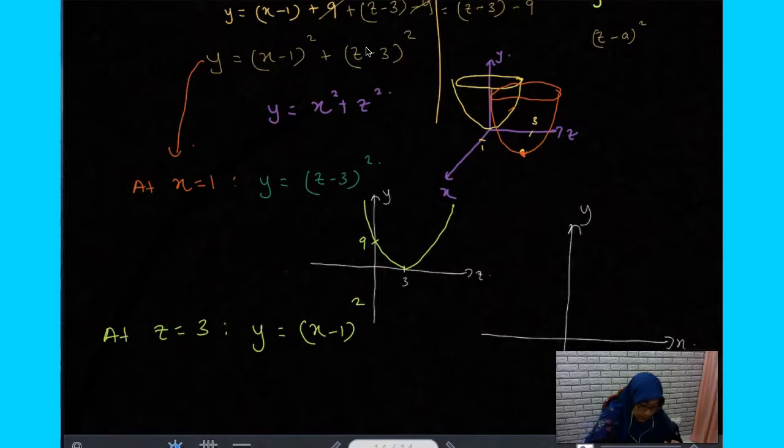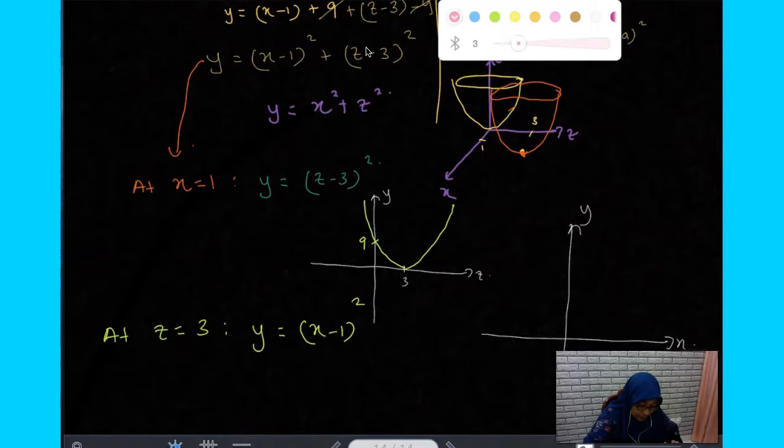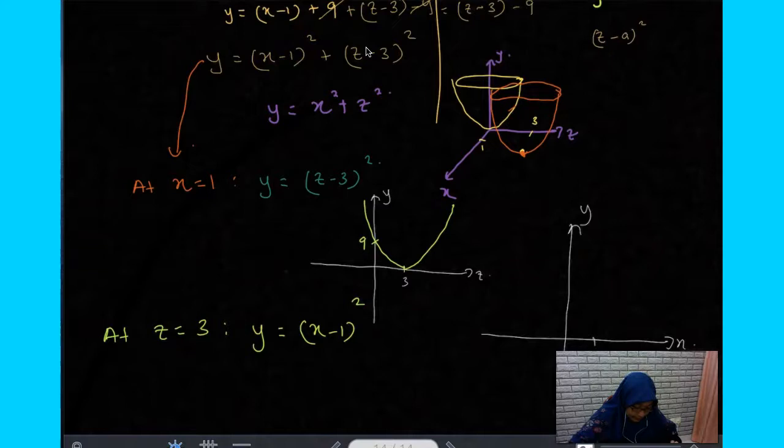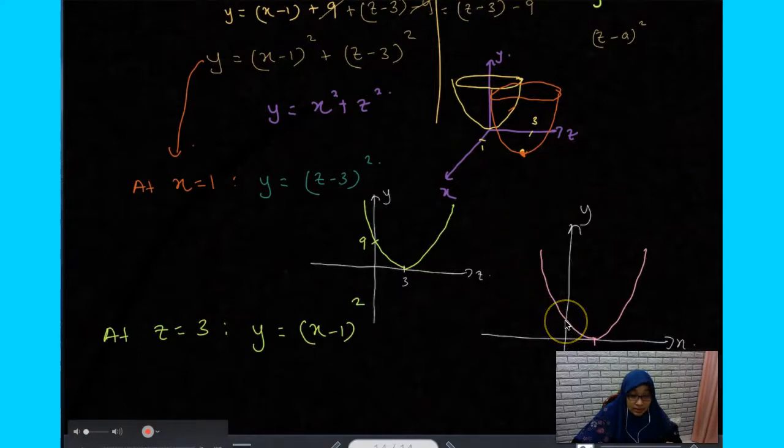So now at x you have 1, and again you have a quadratic shape. So what is your value on the y-intercept? You have to put x equal to 0 here, so you have 1.